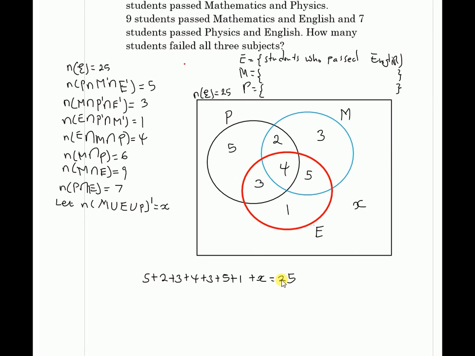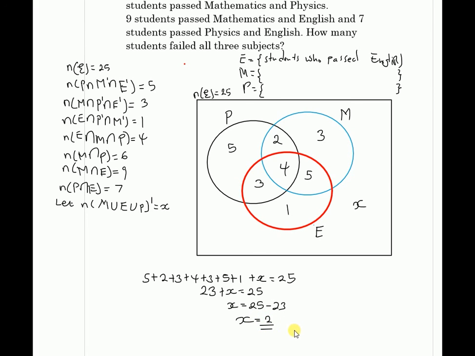That is the sum of everything inside the three circles. Get your calculator and add everything there. You shall have 23. So 23 plus x is equal to 25, implying that x is equal to 25 minus 23, getting us an x which is equal to 2.